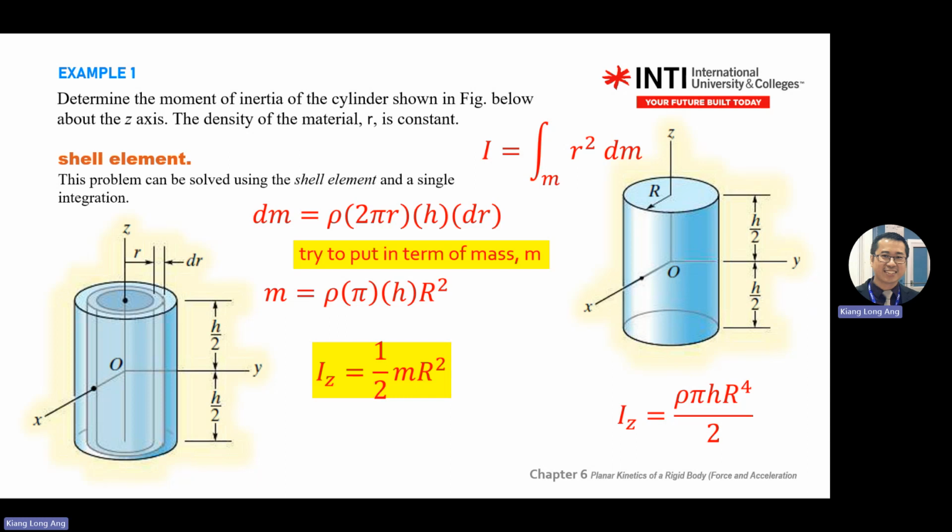You only need to know where your x, y, and z axes are, because in the table you'll be given I_zz, I_xx, I_yy. If you read the wrong one, you get the wrong answer. Or you can derive it like in example 1, but it will take another 5 minutes, or you can just take 2 seconds from the chart.